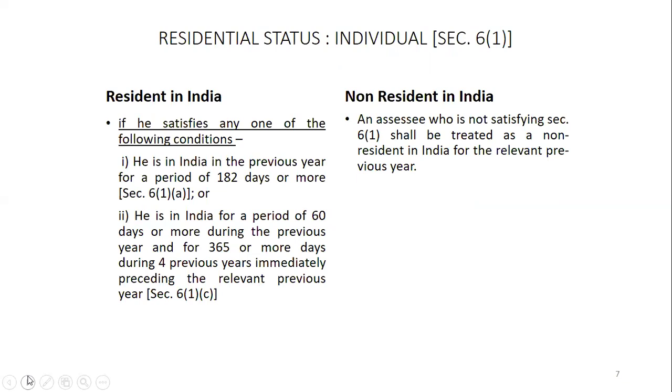When we say resident in India, if he satisfies one of the following basic conditions, he will be categorized as resident in India. The first condition is that he is in India in the previous year for a period of 182 days or more under section 6 subsection 1a, or he is in India for a period of 60 days or more during the previous year and for 365 days or more during the 4 previous years immediately preceding the relevant previous year under section 6 subsection 1c.